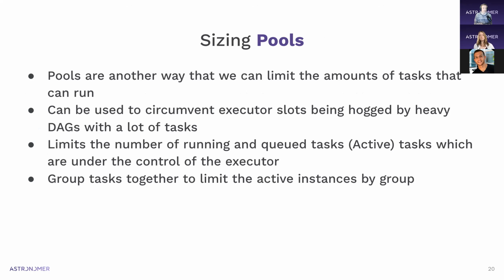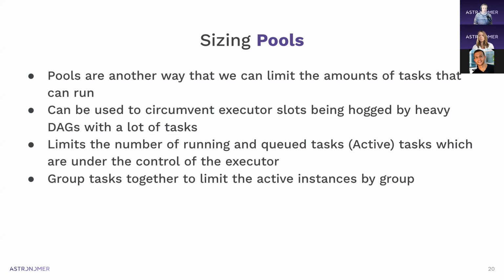Pools. This is another way we can get more fine-grained control of how groups of tasks are running and the concurrency of groups of tasks. So a pool also considers the active tasks, and the number of slots that a pool has is the limit of the number of running and queued tasks that pool will allow to run at the same time.